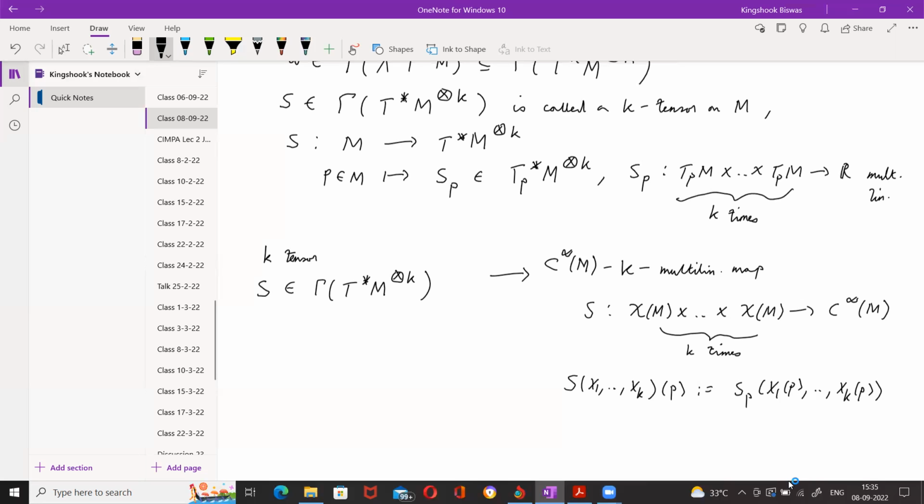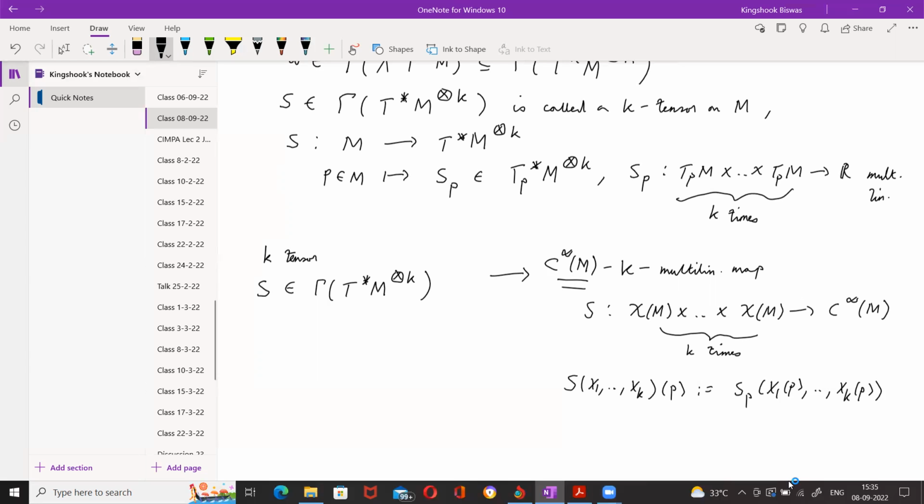Now, here is the point. The point is that you can go backwards in this correspondence. That is, any C infinity M k-multilinear map S from chi-M cross chi-M cross chi-M to C infinity M, because it is C infinity M linear, you can localize in all the variables. You can localize to open sets, and further you can in fact localize to points.